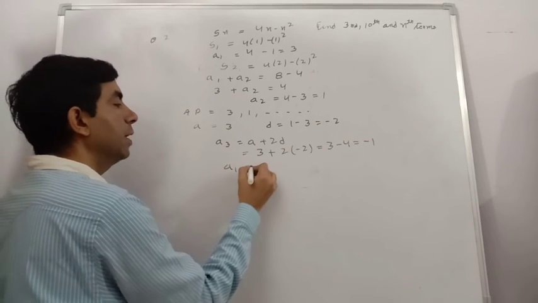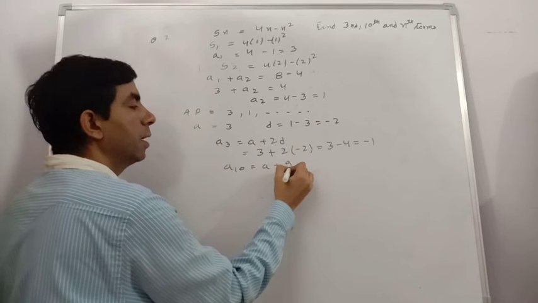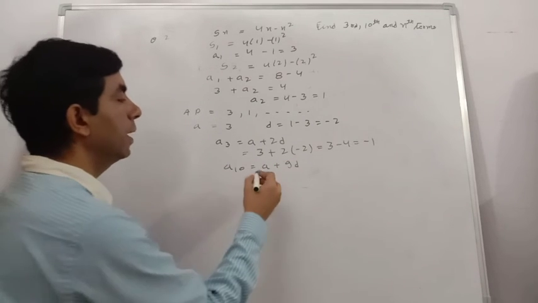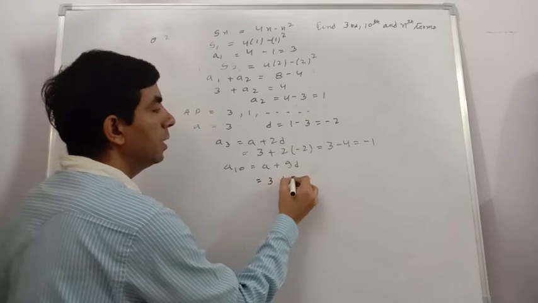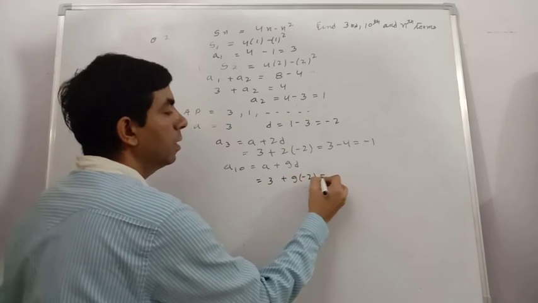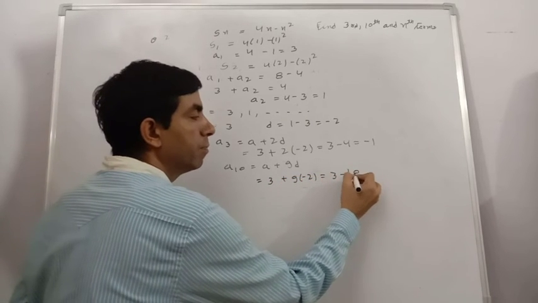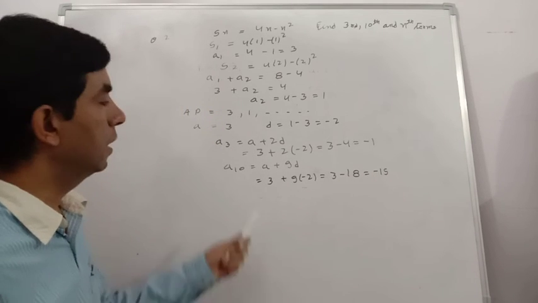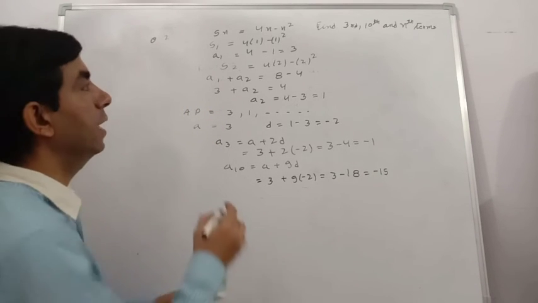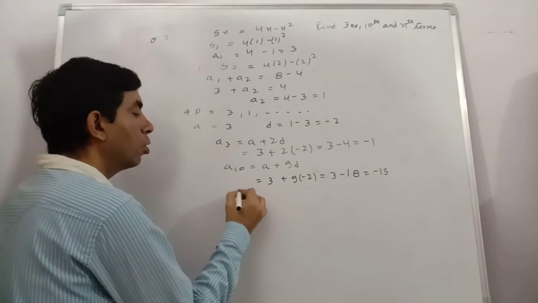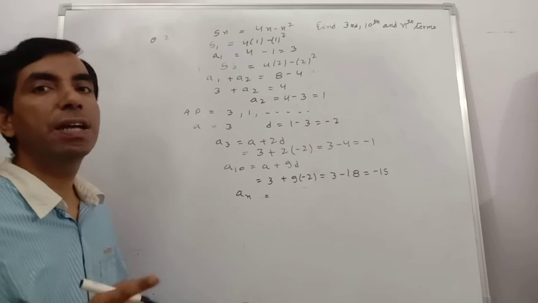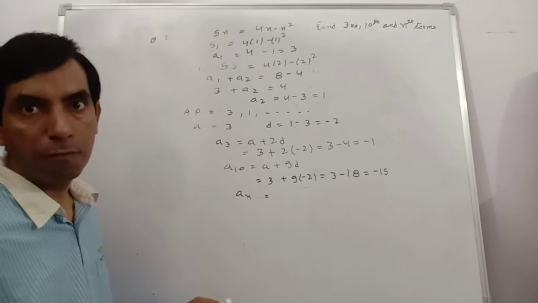A10 equals A plus 9D. Now put the values. A is 3, D is minus 2, then 3 minus 18, which is minus 15. Now the 10th term is minus 15. For An we do not have a value of n, so its answer will be in terms of the alphabet n.